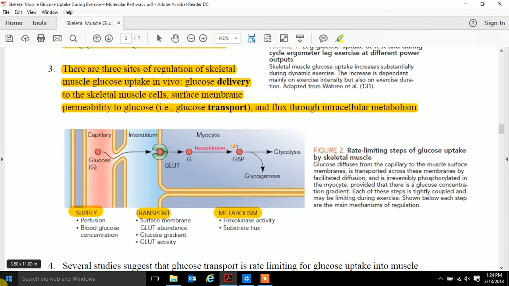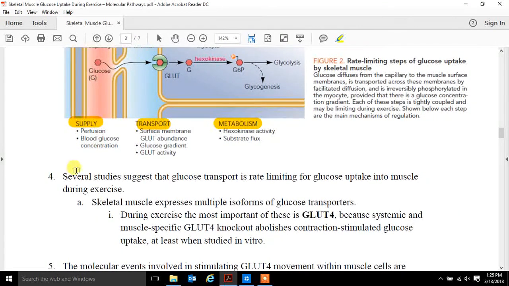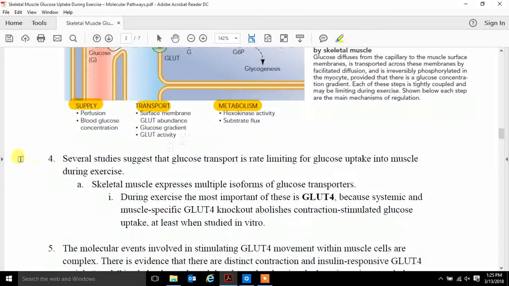Now, this is important because if you want to start talking about where the limiting step is, and target that limiting step so that you can improve things, we need to look at some of the research.